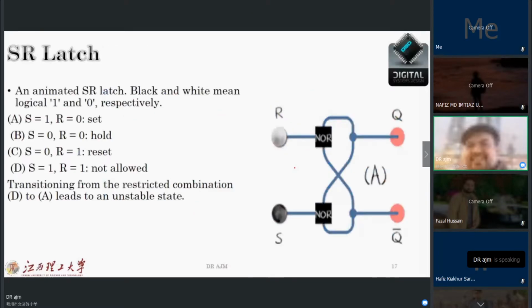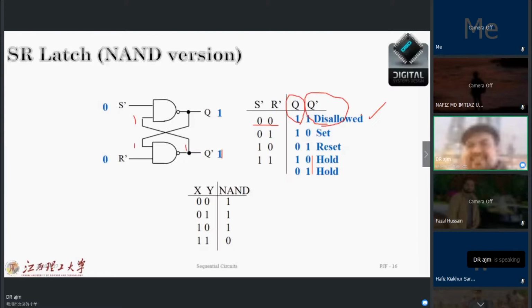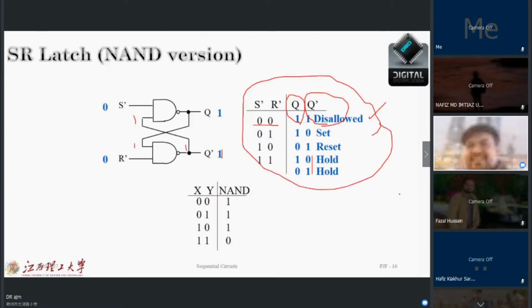Now, what you should do, you should remember this table. This is the first table that I want you to have. Generally, what I advise the students is to write the flip-flop and latch tables on a board, and then have all the relations and truth tables together, and then memorize them.